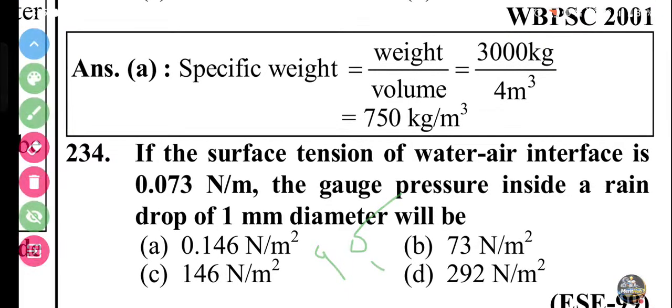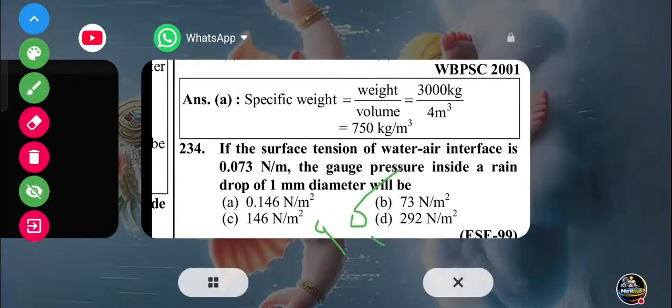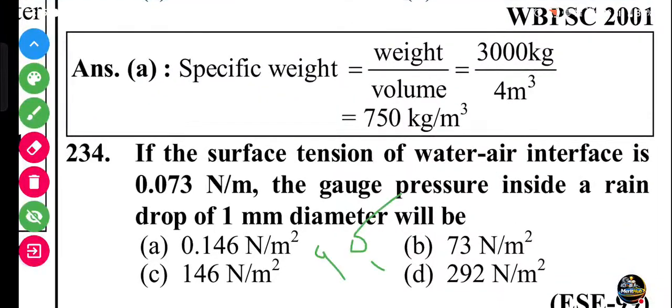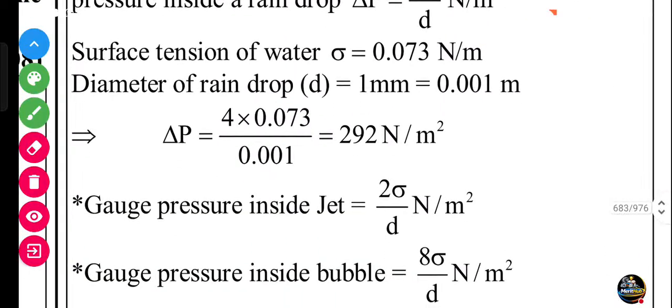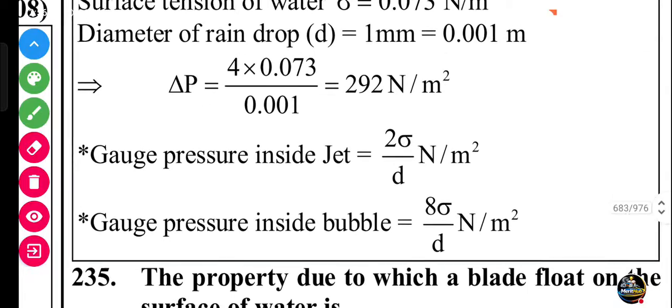If you put the data in this equation, where sigma is 0.073 and d is 1 mm, converted into meter, since the answer is given in meter, so 10 to the minus 3 meter, then you can easily get the answer. Here in the explanation, you can see 292 Newton per meter square is the answer.